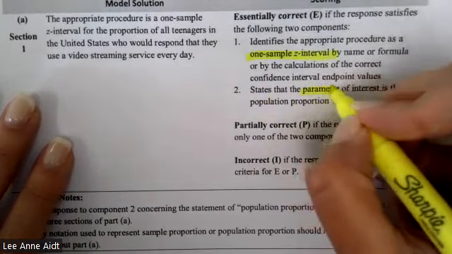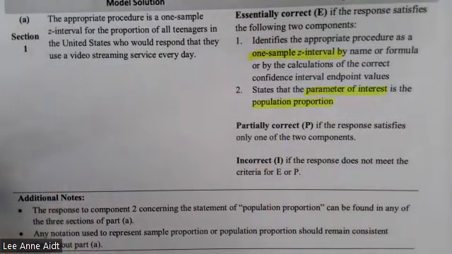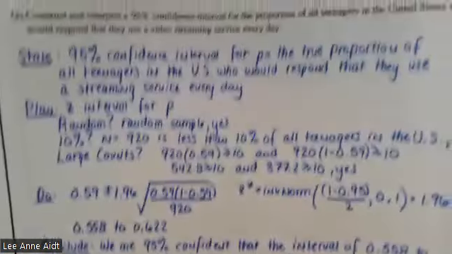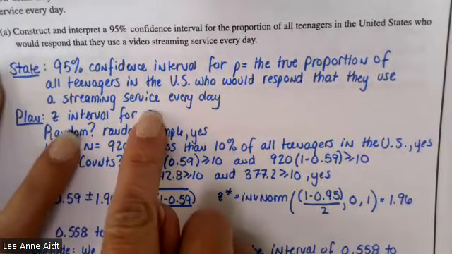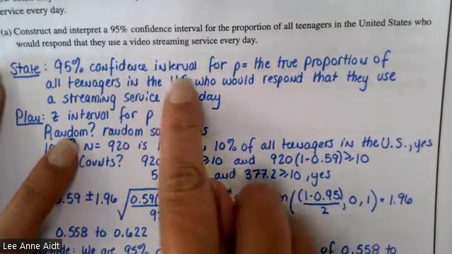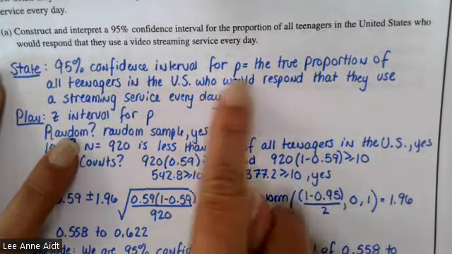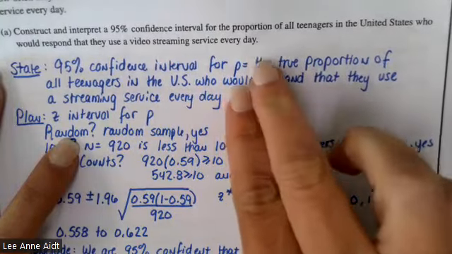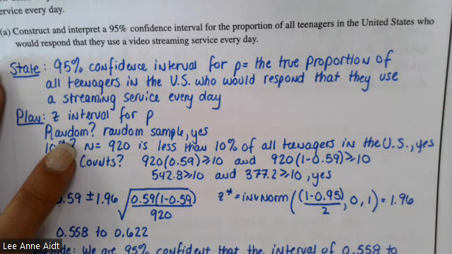And then you need to say that the parameter of interest is the population proportion. For us, this would be the state and the first line of the plan. So 95% confidence interval for p equals the true proportion of all teenagers in the US, blah, blah, blah. This covers me for the second part, and then saying z interval for p covers me for the first part.